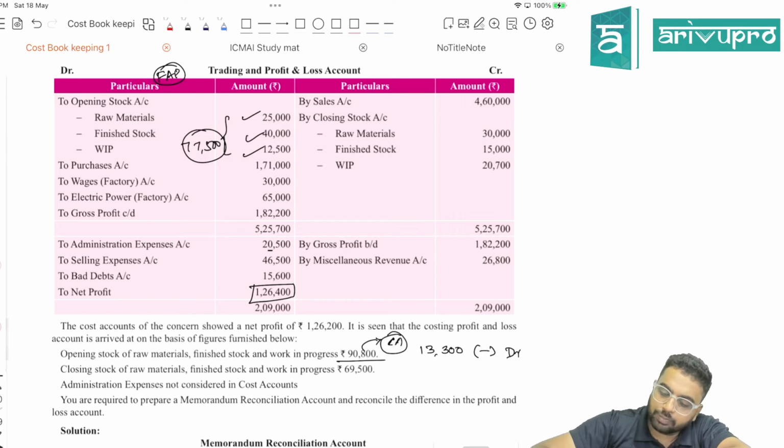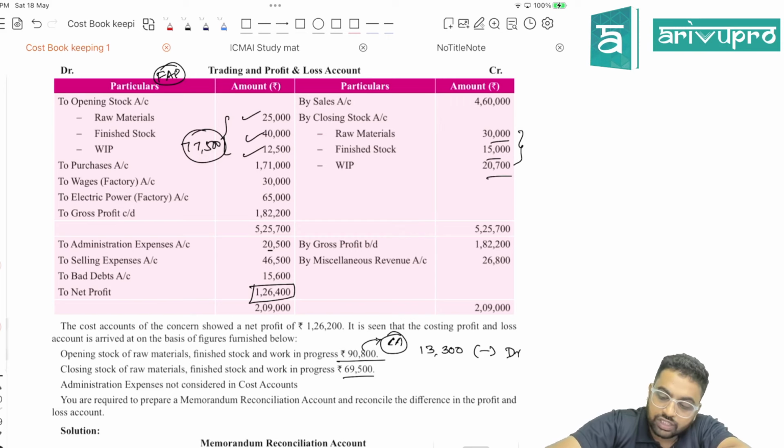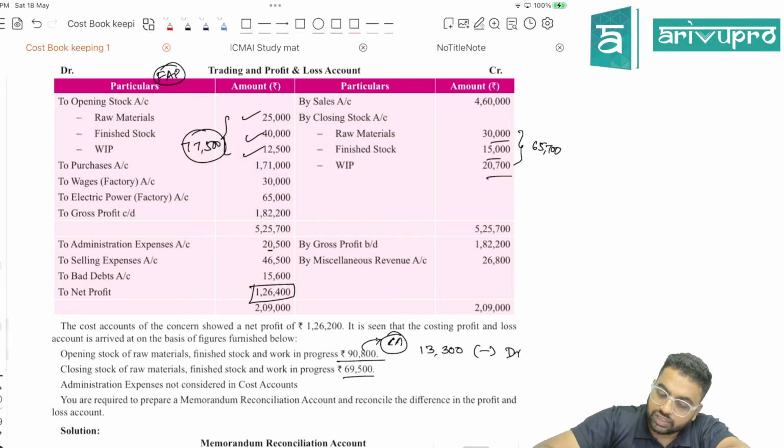Next what, sir? Closing stock, as per our cost it is 69,500, as per our books it is 65,700, right? 65,700. So closing stock is more where, sir? Closing stock is more in the cost accounts. How much, sir? 3,800, right? 3,800.